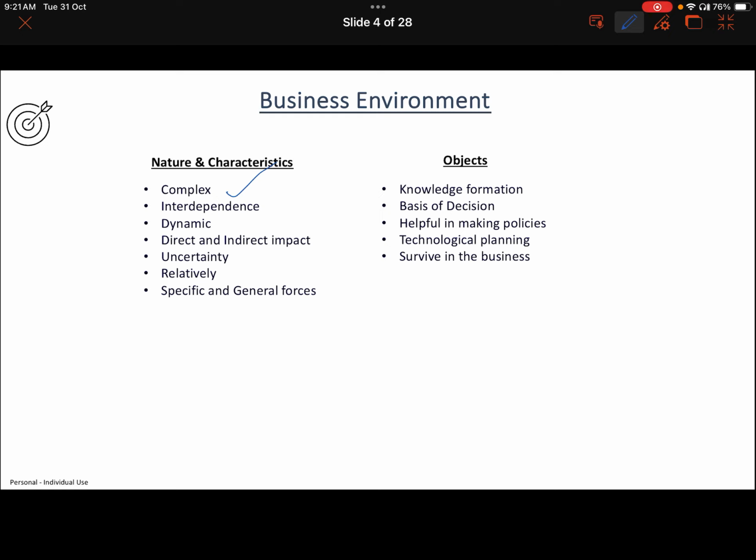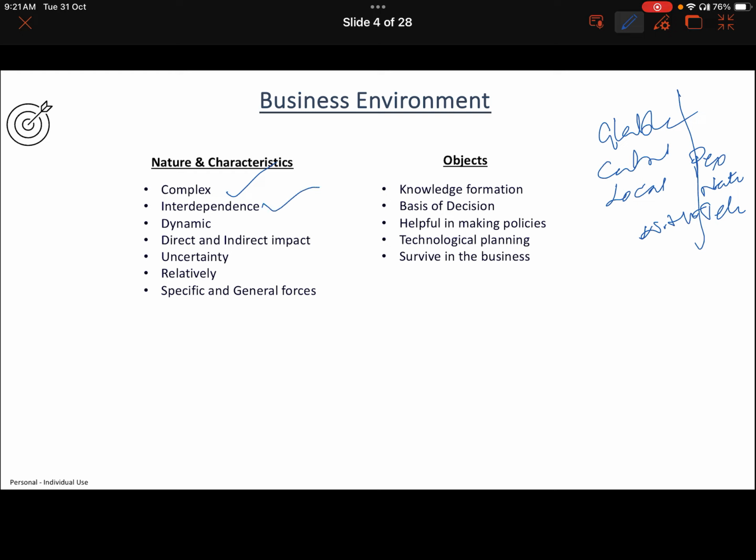Business environment covers local, central, global, all the factors, and not only that, within the company it is not only about people, it is about nature, technological changes, etc. So it is not simple, very, very complex.